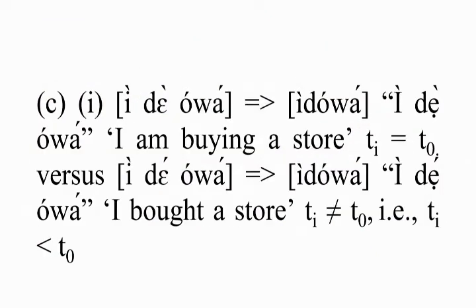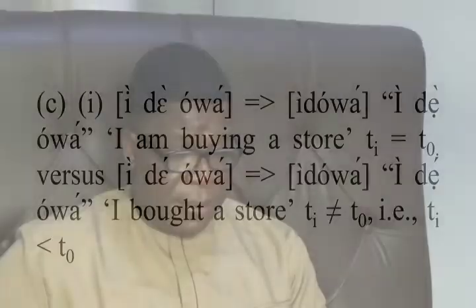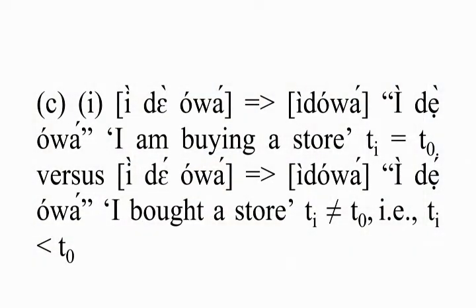Then the third example we have here is Ide owa. That is, I'm buying a store in the market, for instance. I'm buying a store. As opposed to Ide owa.